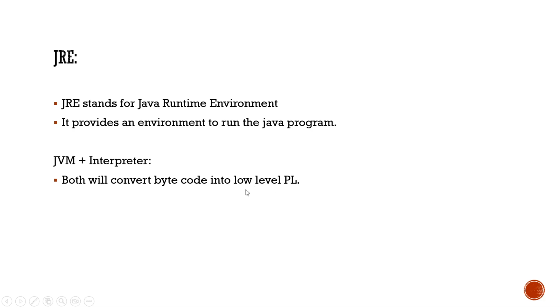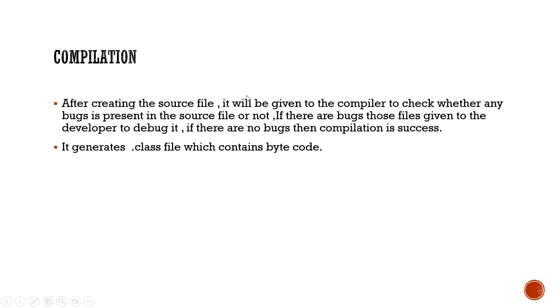Low level programming language is a machine understandable language. We cannot understand that language completely, but the machine can understand it completely. This is the work of JVM and interpreter. They are present inside the JRE, and JRE is present inside JDK. So this is how it works.